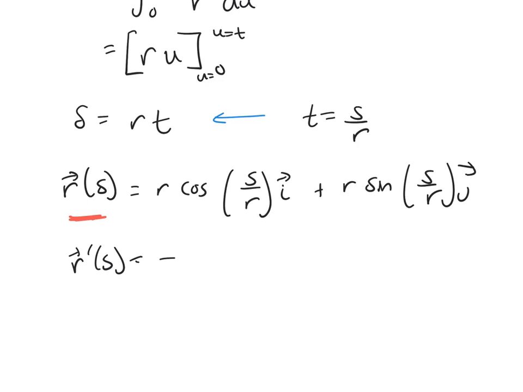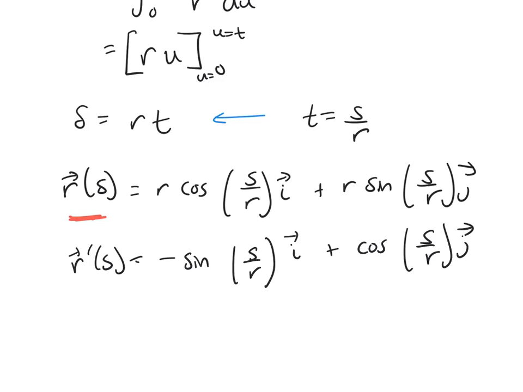So minus sine of s over r. We have to use the chain rule, so you multiply by 1 over r. And then plus cosine of s over r j. And if you find the magnitude of r prime of s, you'll see that the length is 1.